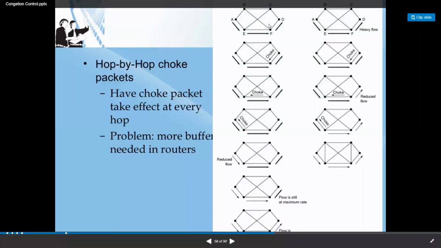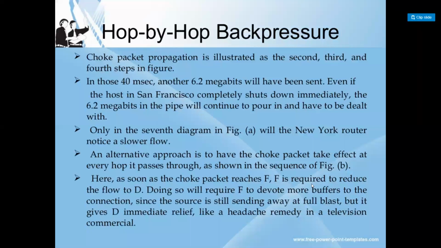See, 1, 2, 3, 4, 5, 6, seventh diagram. The flow is reduced. Only in the seventh diagram does the New York router notice the slower flow. The New York router is nothing but the destination. It finds a slower flow.